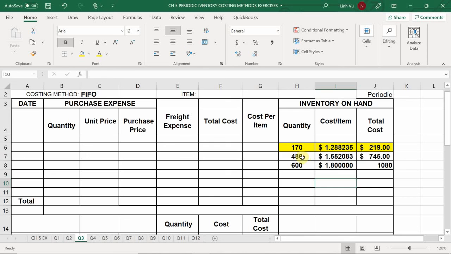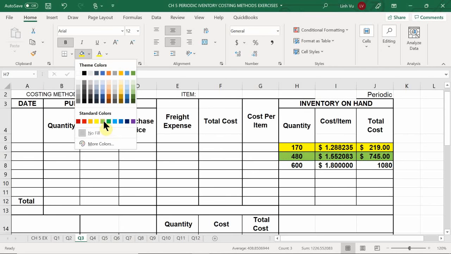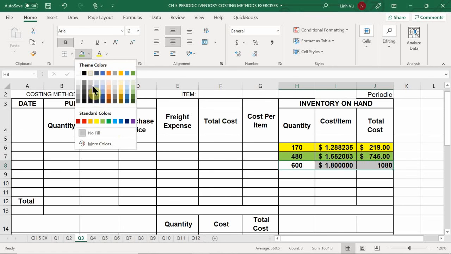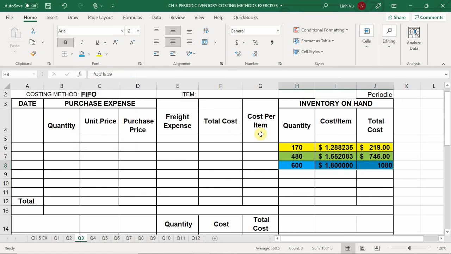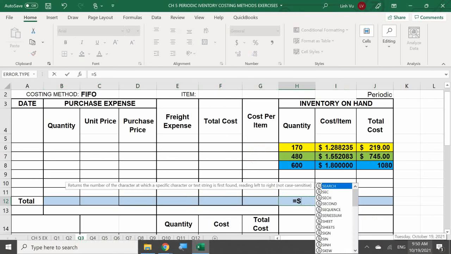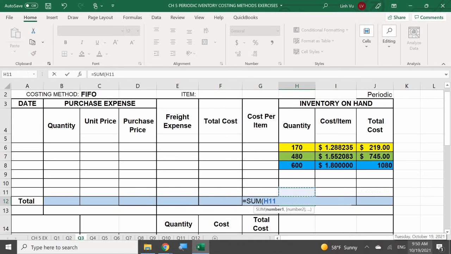Of course, I'm going to make the same association so I know what I did and how I carried it over into my new batch of inventory. So I have a yellow batch left, a green batch, and a blue batch of inventory. I'm also going to tally up my grand totals so I know for a fact that my numbers are correct.